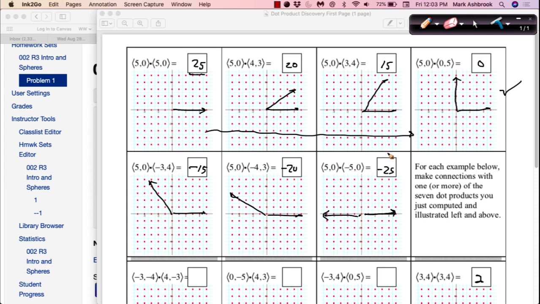What is it about cosine and the relative position of these two vectors getting this number? So for 20, 5 times what? Yeah, and where's the 4 coming from?